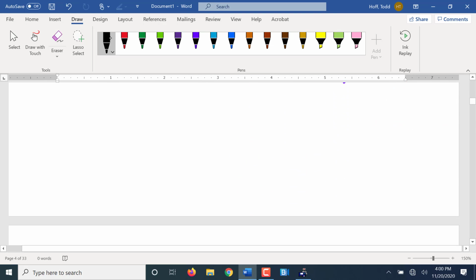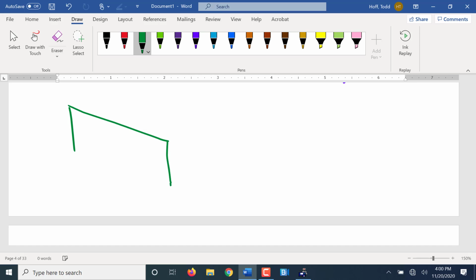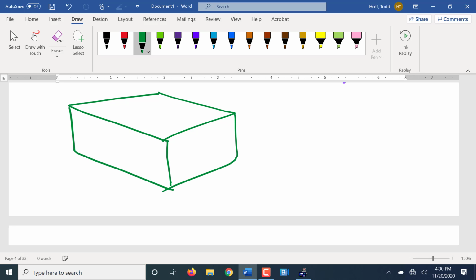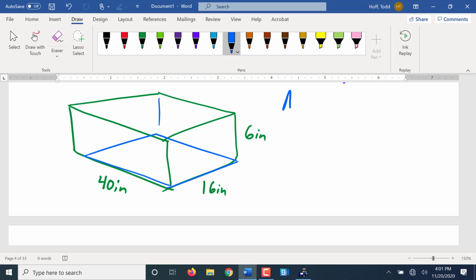So because of those conversions, if we look at a standard size gas tank, let's look at something about like this and see how many gallons that would hold. So for our base, we're going to use the 40 by 16. So 640 square inches.